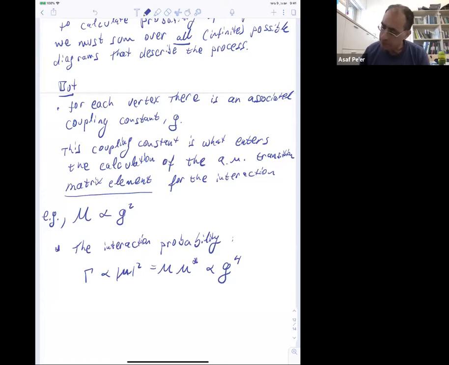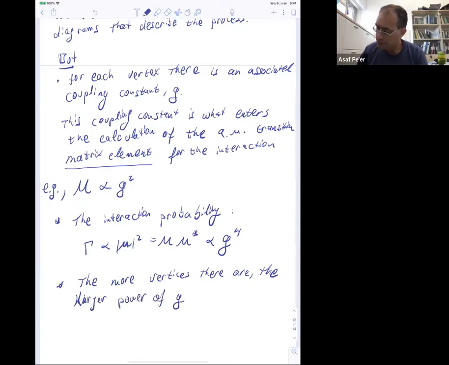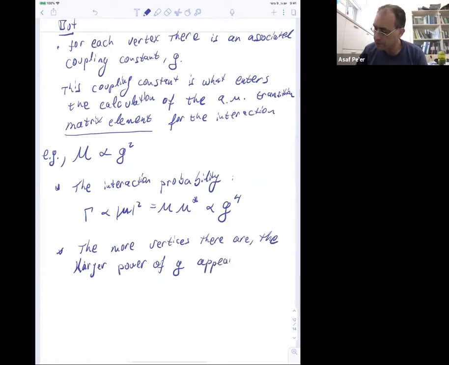So the more vertices there are, the larger the power of G that appears in the calculation of the probability of interaction.